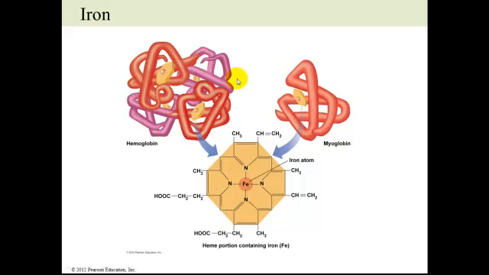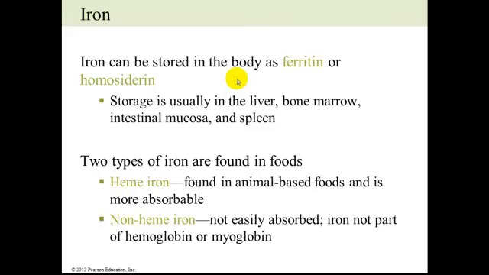Now we can store iron in our body as either ferritin or hemosiderin. And this is usually stored within the liver, the bone marrow, the intestinal mucosa, or the spleen. Now, the sources of iron in foods actually vary depending on whether we're talking about animal-based foods or plant-based foods. And so we have what's called heme iron. And heme iron is iron that's already in the heme form.